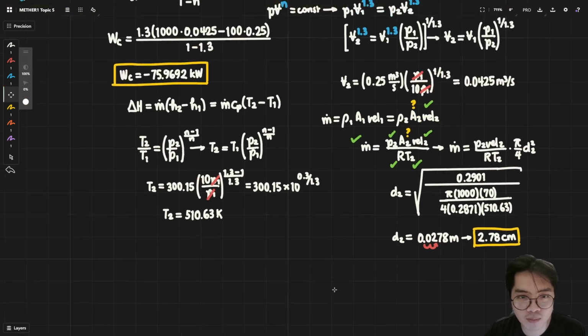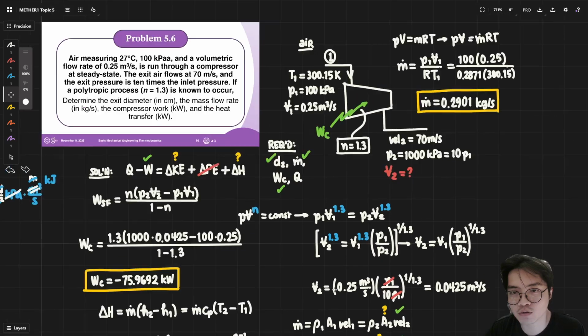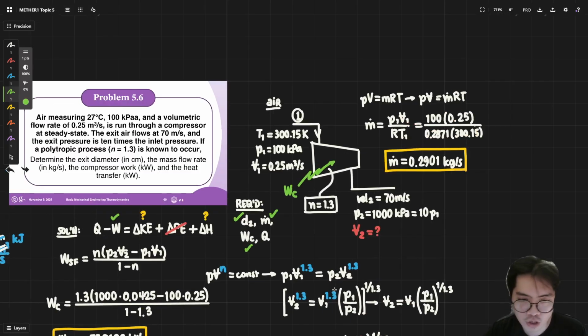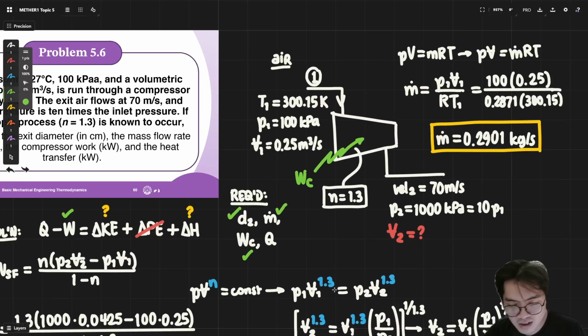If you thought about this earlier, if you were trying to do this step by step, so first you want to get D2, then next you want to get m dot, next you want to get WC, most likely what you've computed first will be T2 instead of V dot 2. Is there another way for us to solve our steady flow work?